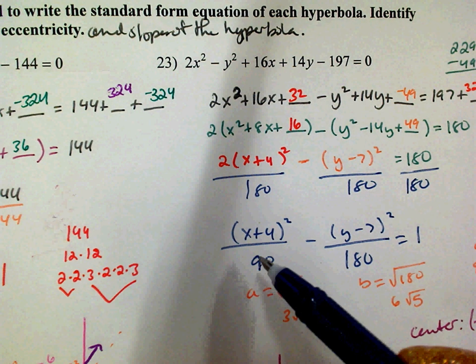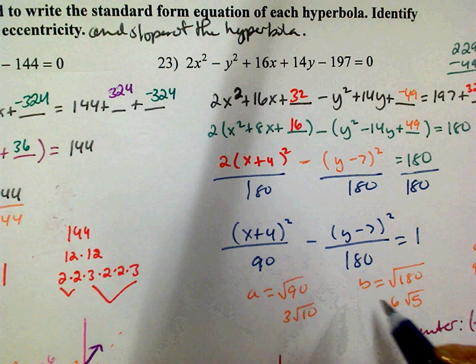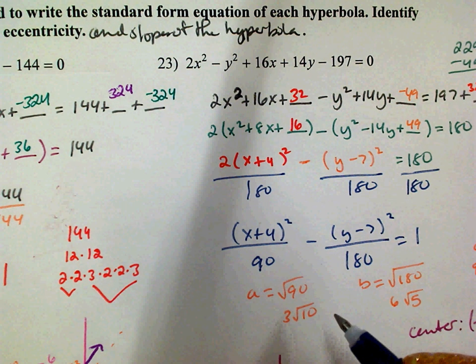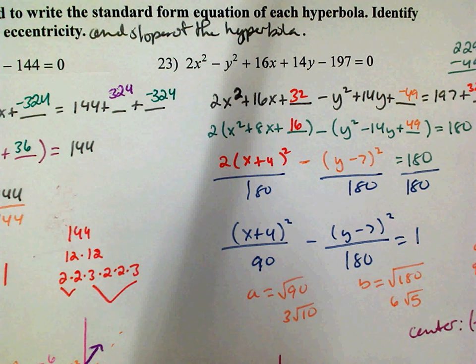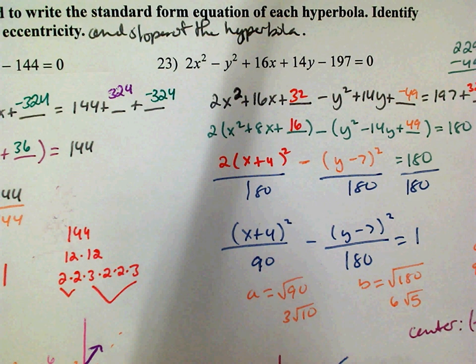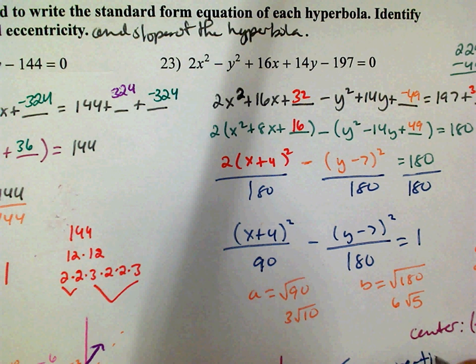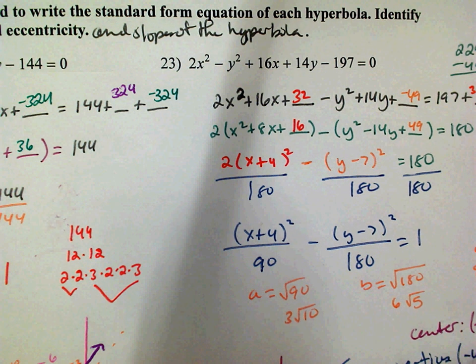So I know that I'm going to go left and right the square root of 90. Now the square root of 90 is just over 9, so it's like over here and over here. So I know that it's going to look something like this as soon as I figure out all that information. So my vertices are going to be negative 4 plus and minus 3 root 10, comma 7.